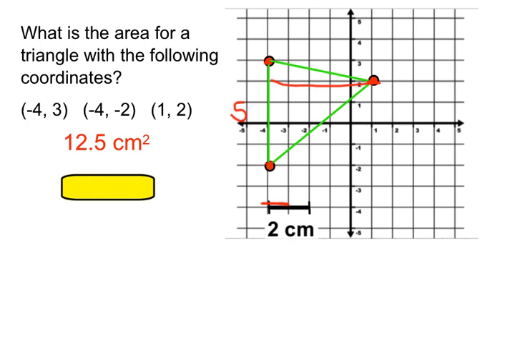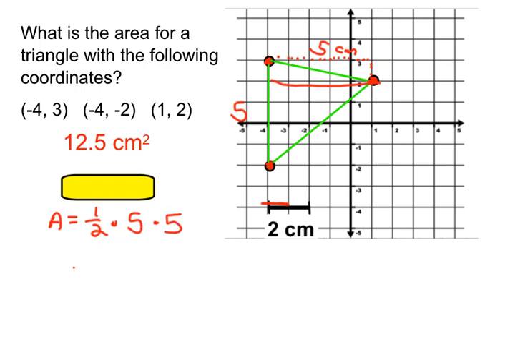So if we were to think of our height, we could just measure it out like this and say our height is going to be 5 centimeters. Okay? Well, now all we have to do is plug in our numbers into our formula, and we know that we are going to want 1/2 of the base, which is 5, times the height, which is also 5.